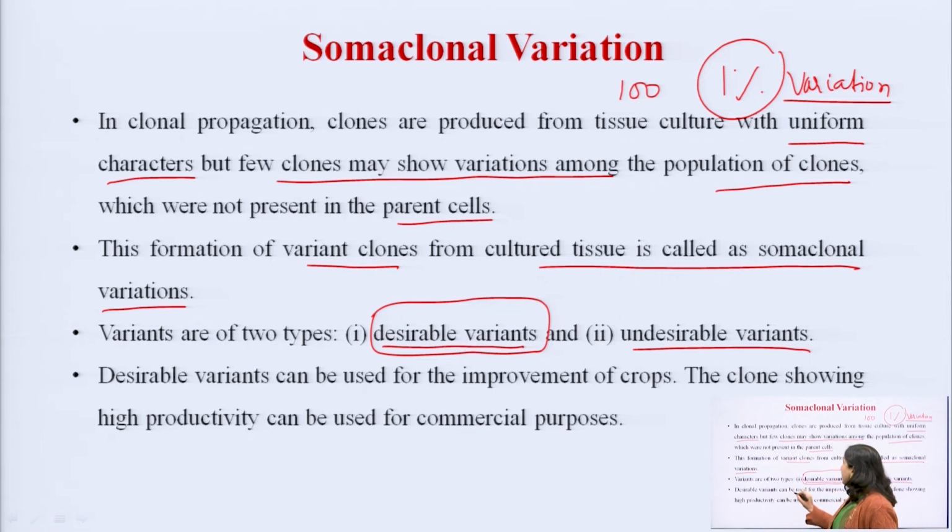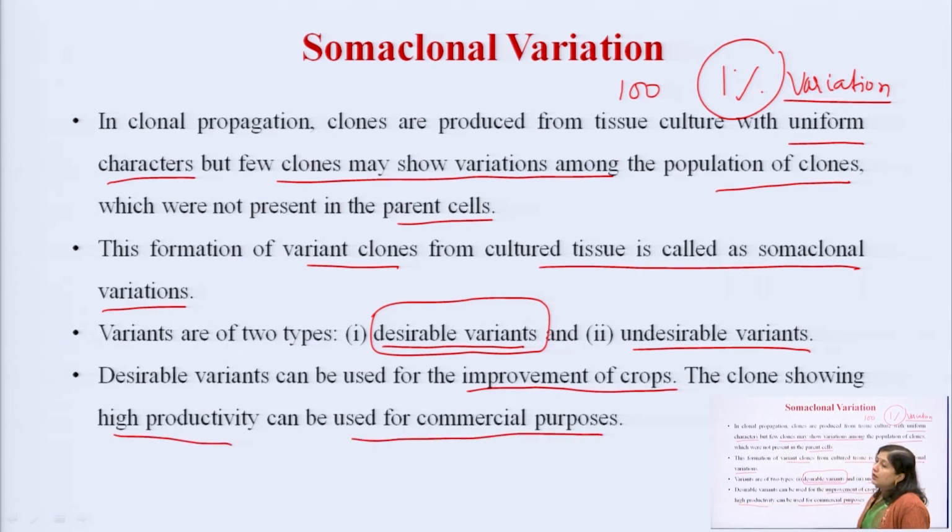So, desirable variants can be used for improvement of crops, and the clone showing high productivity can be used for commercial purposes. We can start using it for commercial purposes if we get a variant with a desirable property.